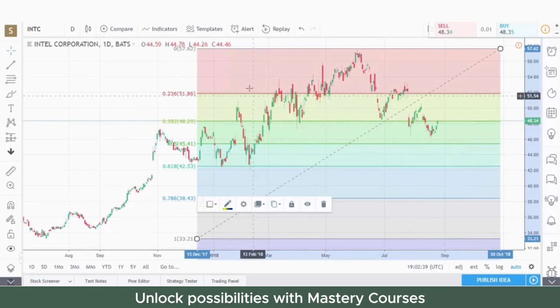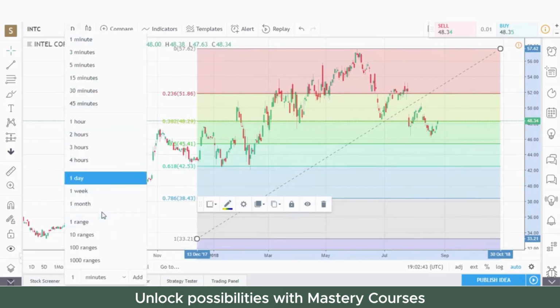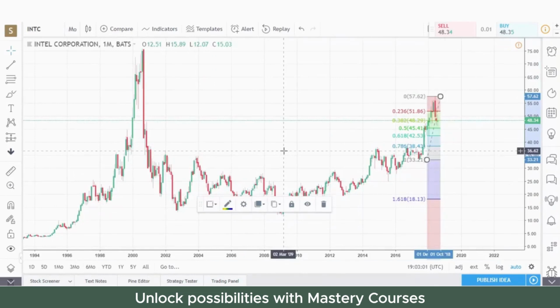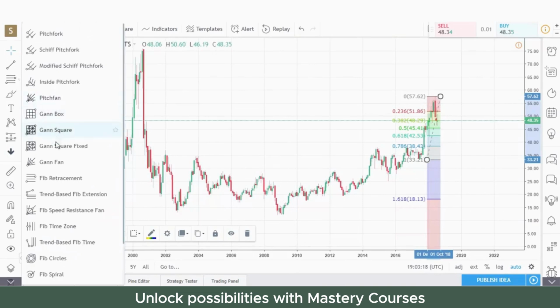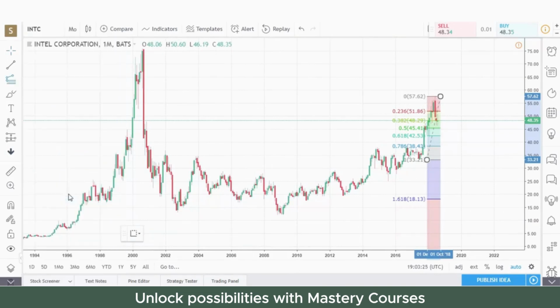So now let's take this same chart and go to a monthly range. What we're going to do is place our Fibonacci extensions on this chart as well. So we're going to take the low set in January of 2009. We go over to trend-based Fibonacci extension.